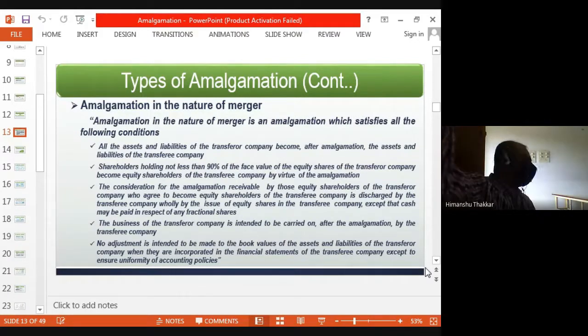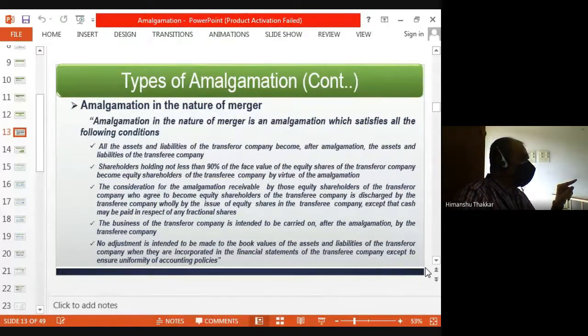So you don't have to follow all these conditions just like you did in residential status. But just like residential status, additional conditions. If you follow all the 5 conditions that you see right now on screen, your amalgamation is in the nature of merger.